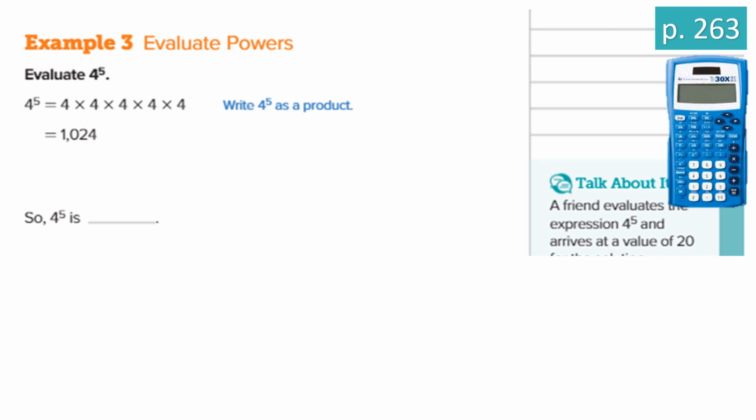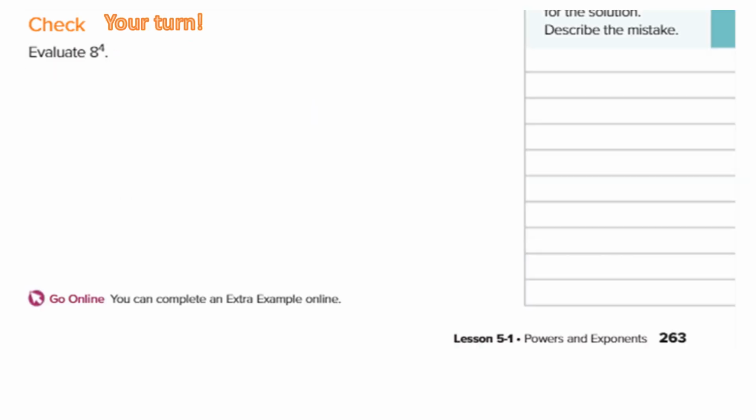Because 4 times 5 is 20, but that's not what the math problem is. Right? The power of 4 to the 5th power is equal to 4 times 4 times 4 times 4 times 4, and that is a product of 1024. Hopefully that made sense.